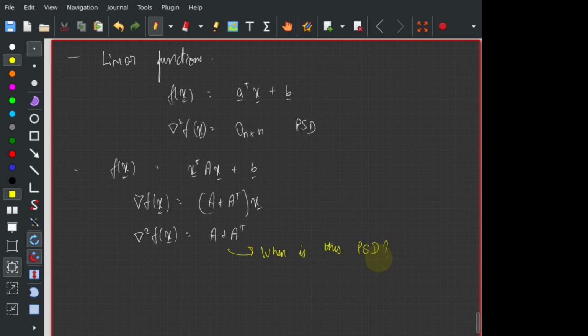Certainly, when A is PSD, A plus A transpose will also be PSD. But does A have to be PSD for A plus A transpose to be PSD? Is that enough? Why? Is it guaranteed to be PSD?